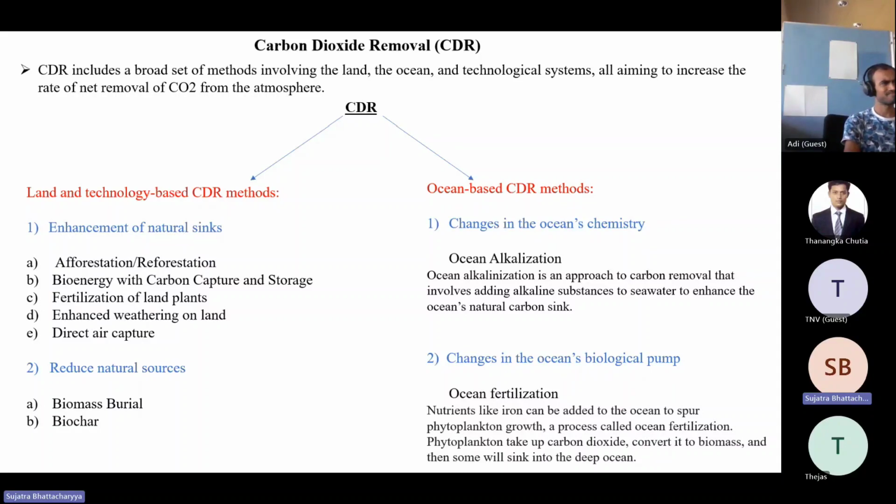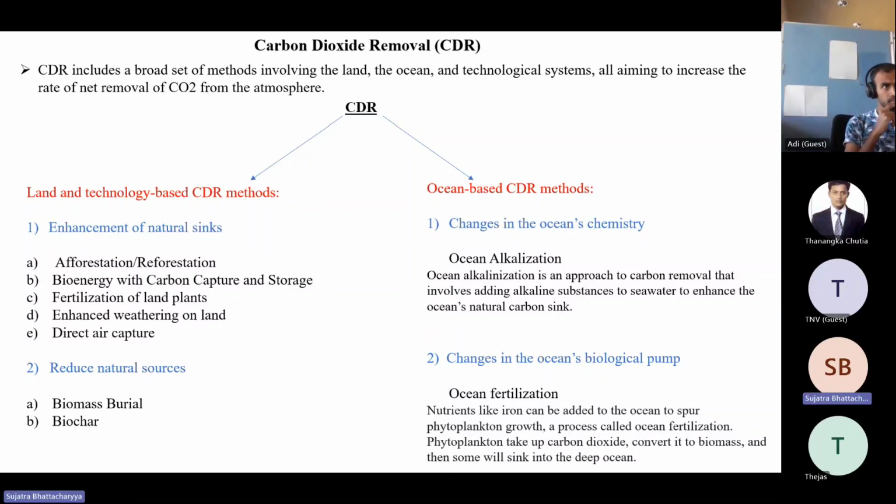On the other side, we have the ocean-based CDR methods, in which there are two categories: either to change the ocean's chemistry or change the ocean's biological pump. By changing the ocean chemistry, we know that the ocean is a large sink for carbon dioxide.